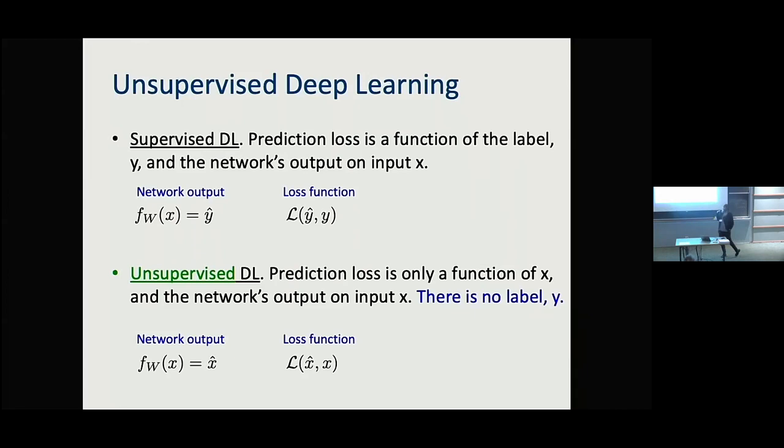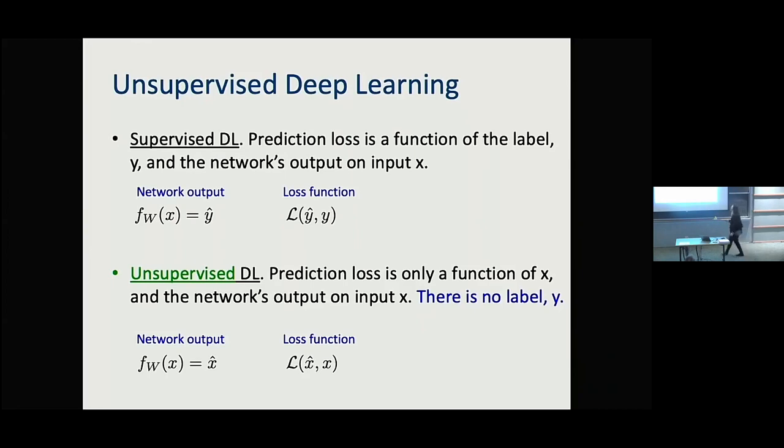But if you are thinking about supervised deep learning, whatever your network architecture is, let's call your network applied to an input vector or field or tensor f of w operating on x, where w are all your network parameters that are going to be fit from data.